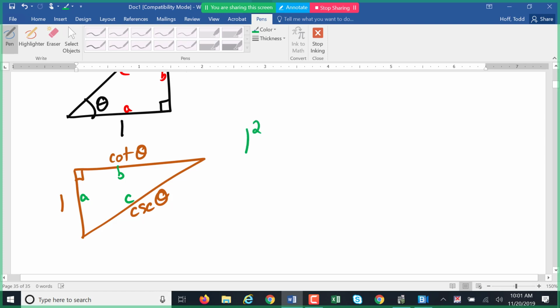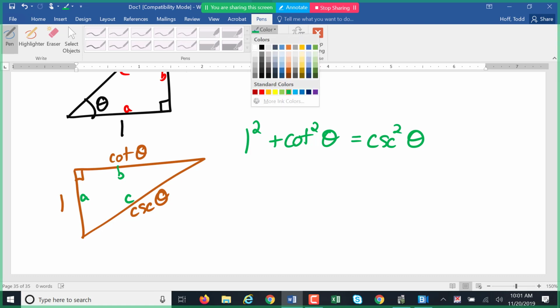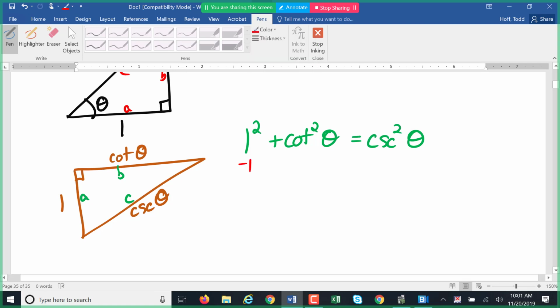A squared, which is 1 squared, plus B squared, which is cotangent squared of theta, equals C squared, which is cosecant squared of theta. So those are our 3 Pythagorean identities. Now you can see they can be arranged. I could subtract 1 from both sides and get cotangent squared of theta equals cosecant squared of theta minus 1. But I think at this point we can all recognize variations of a formula like that.